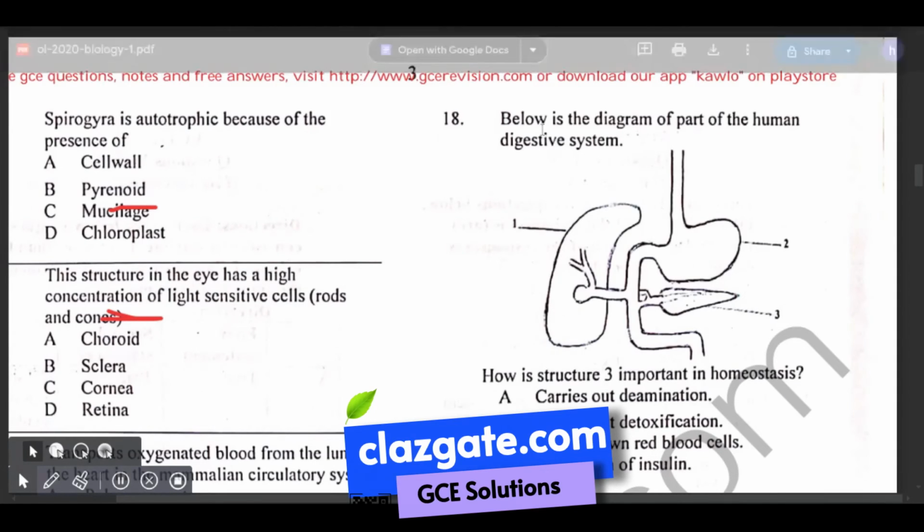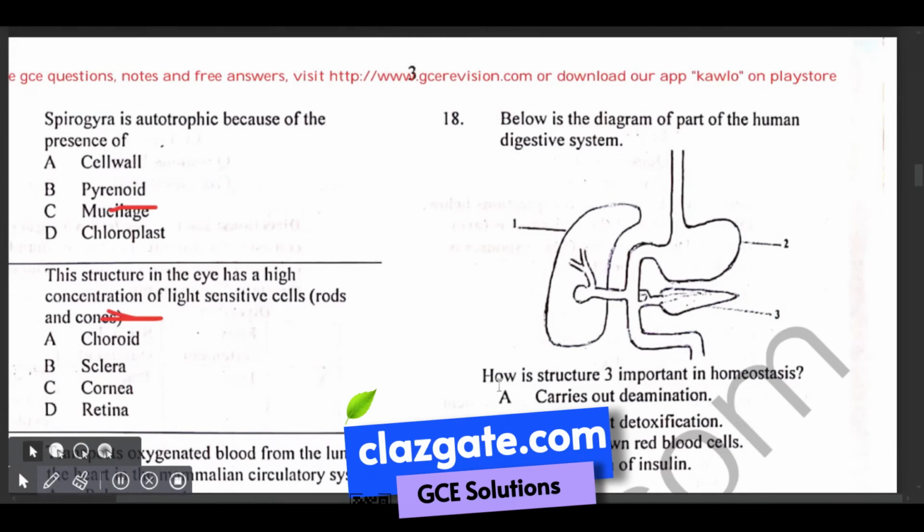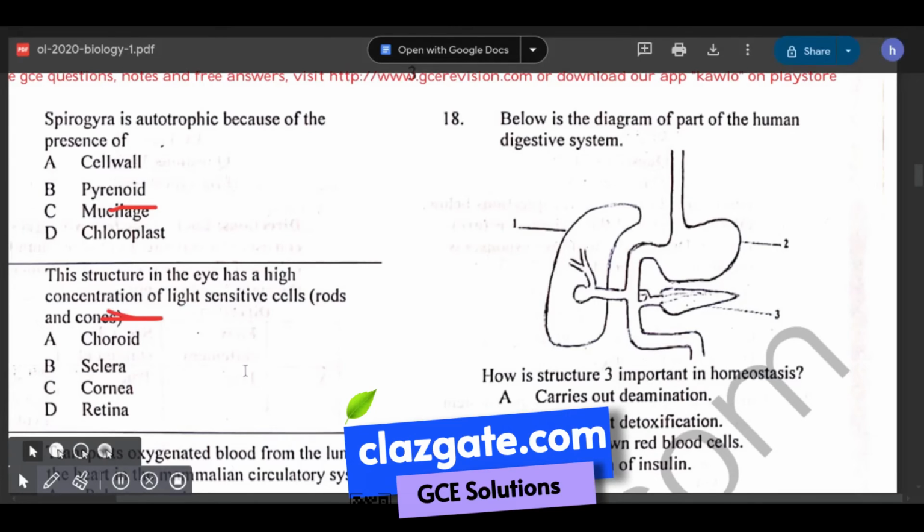Number 18 has given us the diagram of the digestive system of a human being, and then we have structure 3. How is structure 3 important in homeostasis?